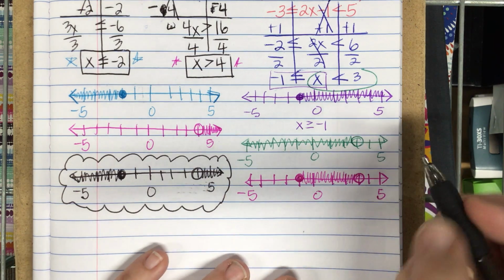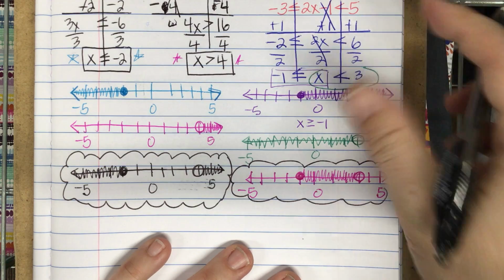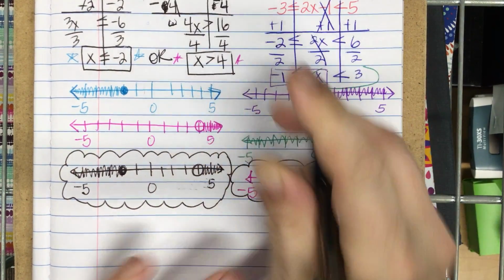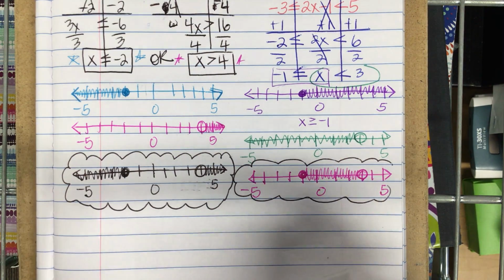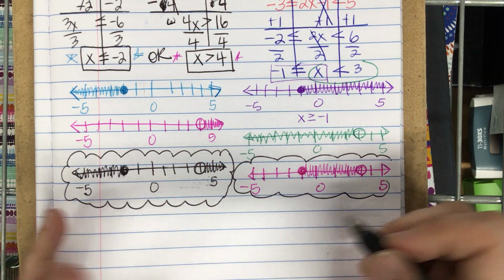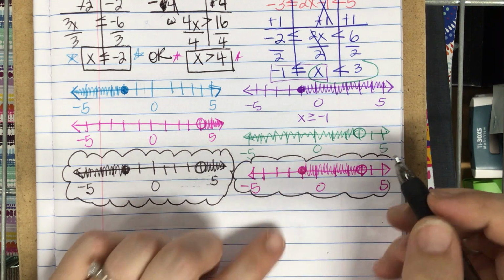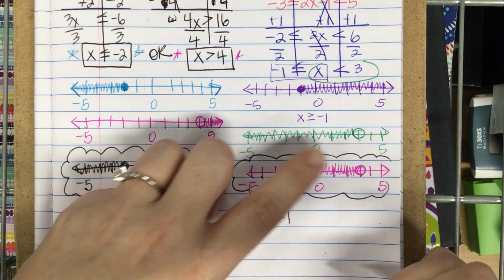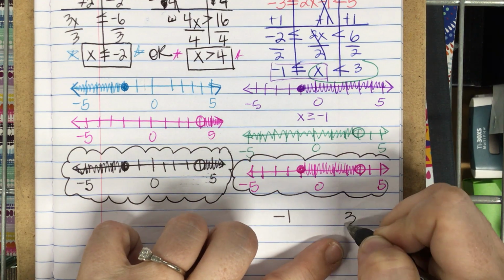I'm going to tell you this is what I'm looking for: the graph, the compound inequality answer. Either it's an or, or it's an and, correct? There is another way of writing these that you may see sometimes. My solutions to this, where my dots are, this would be -1, and this one would be 3.